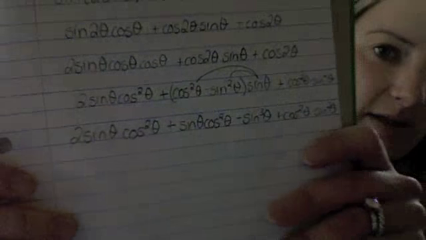I'm going to end up again with 2 sine theta cosine squared theta plus sine theta cosine squared theta minus sine to the 3rd theta, and then of course plus the end part, plus cosine squared theta minus sine squared theta. That's all I did, was distribute that sine theta in.